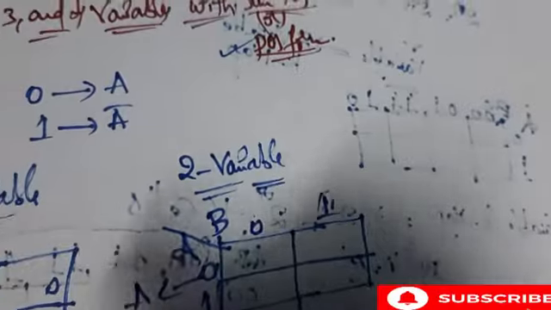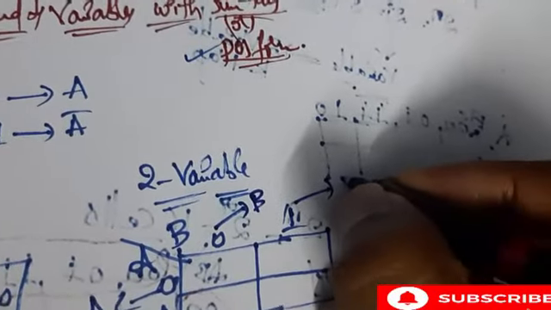A, B, 0, 1, 0, 1. 0 will be represented as A, 1 will be represented as A bar. Here 0 will be represented as B, 1 will be represented as B bar.